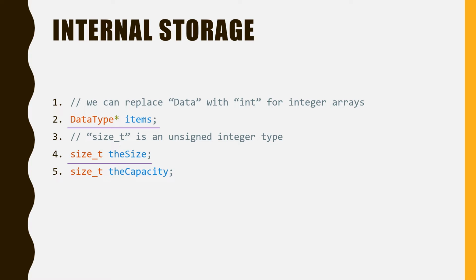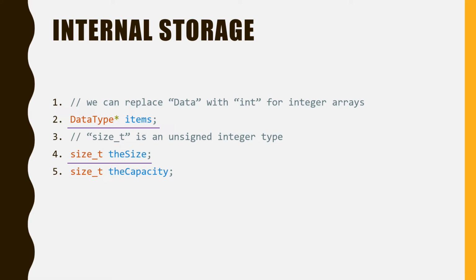Note that it has a type, data type, which allows our array to hold any data type such as integers, floats, or characters. If you're interested, you are welcome to dive into the notion of template in C++. Otherwise, you can simply replace data type with int and assume that we are only dealing with a set of integer numbers.